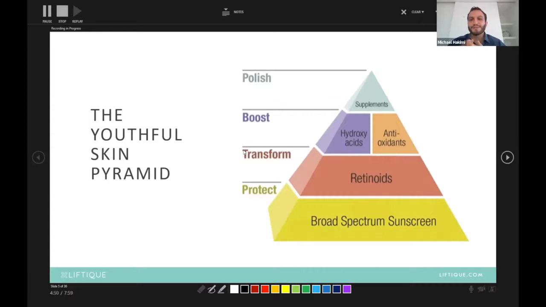Now, on top of this pyramid are what we call supplements. They polish your skin. These are the lotions and moisturizers that you frequently use. Now, they're not always so adjunctive. Some people with specific skin conditions like contact dermatitis, moisturizers are actually therapeutic to them.